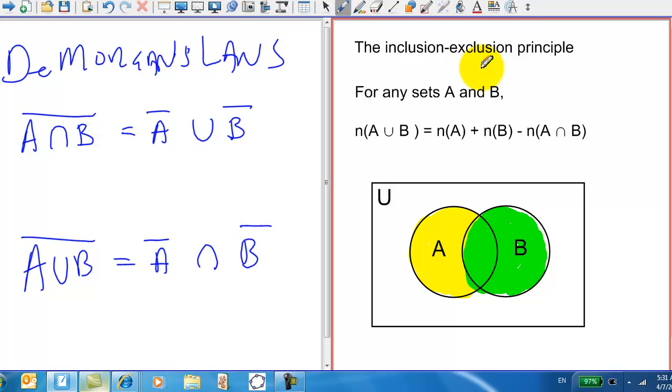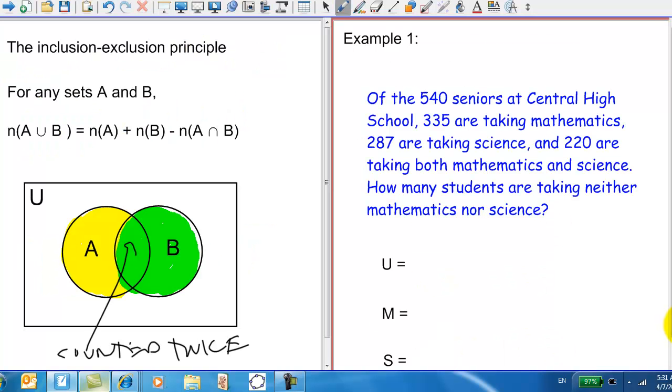This area in here was counted twice. So that's why you have to subtract it off once when you're trying to count how many people are in the union.